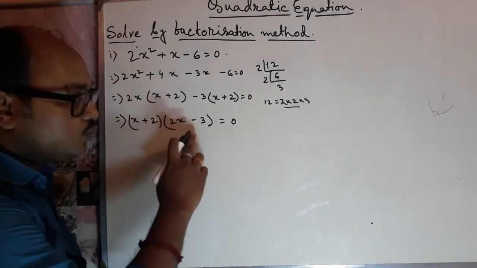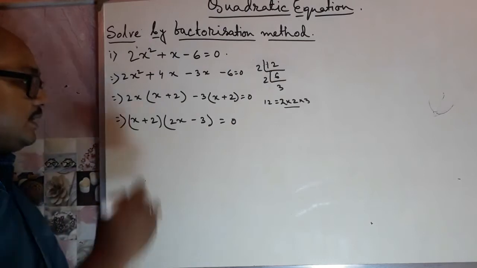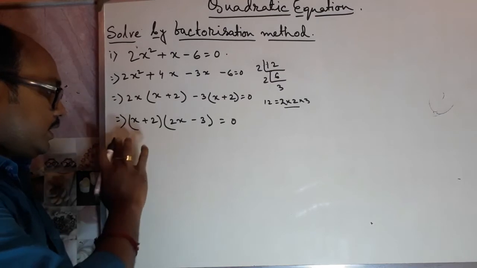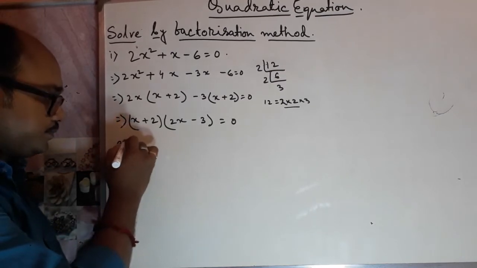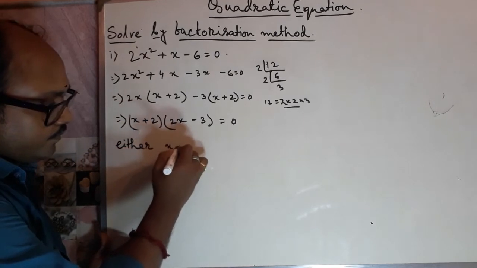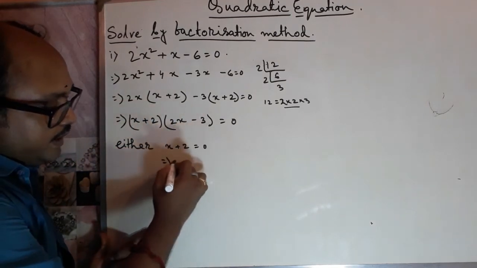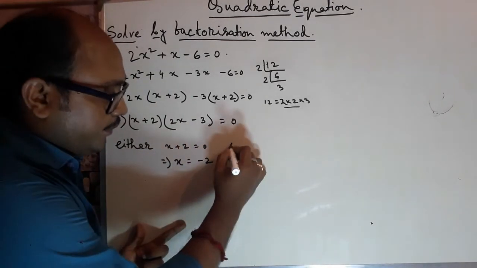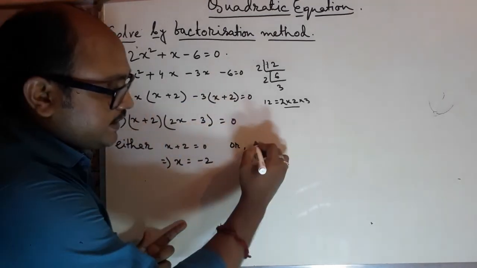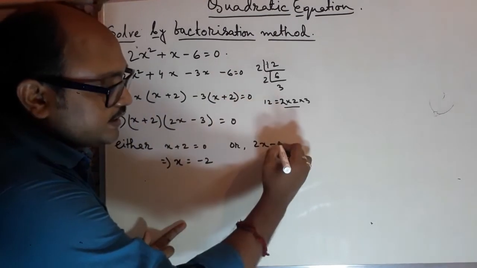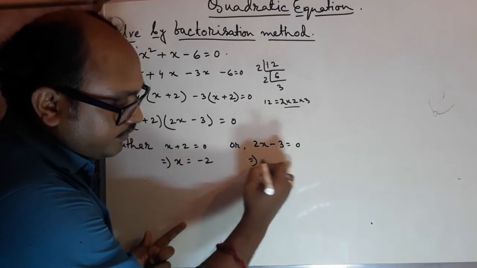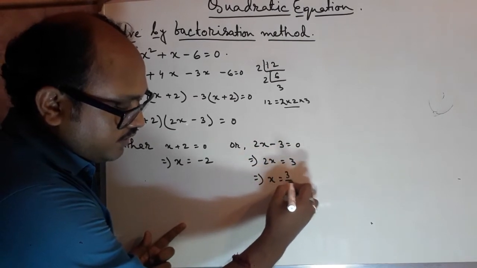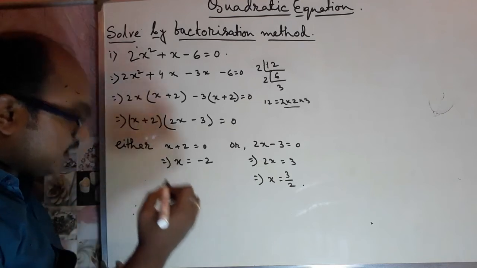Now the product of these two terms is equal to 0. That means either this term is equal to 0 or this one is equal to 0. So if x + 2 = 0, that implies x = −2. And if 2x − 3 = 0, from that you will get 2x = 3, that implies x = 3/2. So what are the roots?